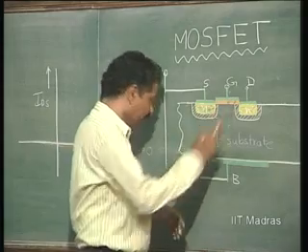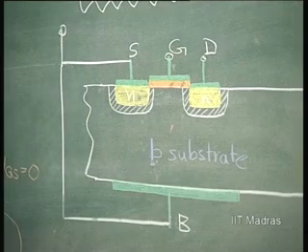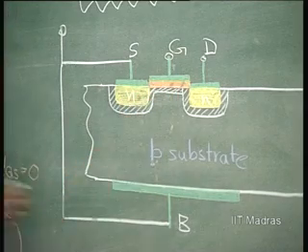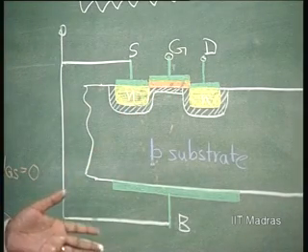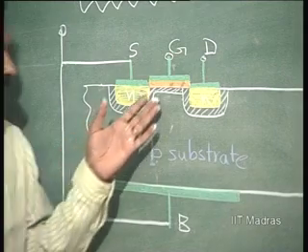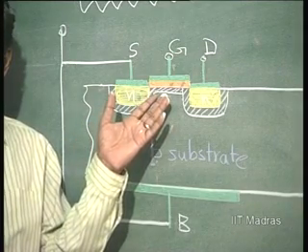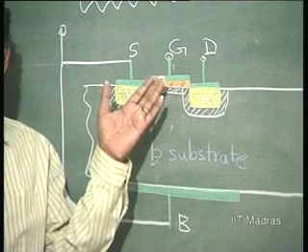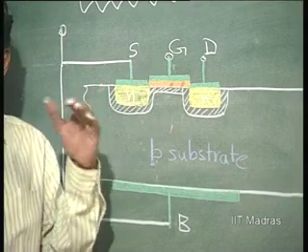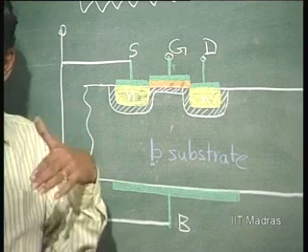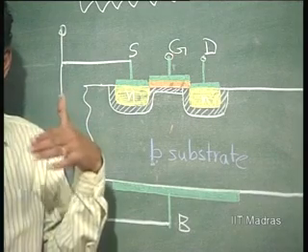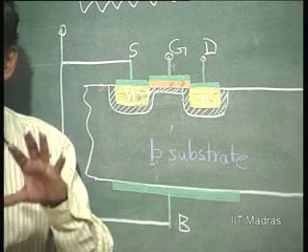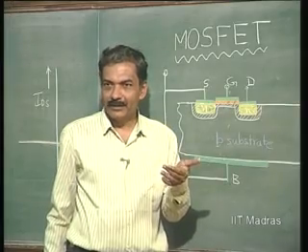That means this region gradually becomes depleted of carriers, and then slowly you further increase the positive voltage there. Then the surface becomes flooded with minority carriers which are electrons and the type becomes N type. Then you say that there is inversion.